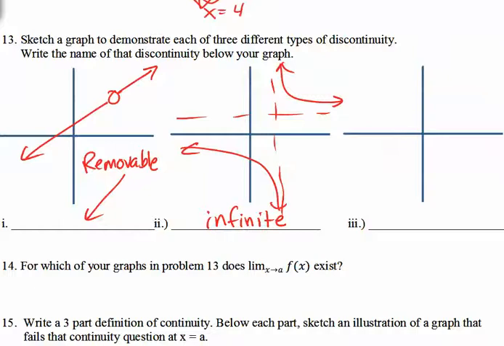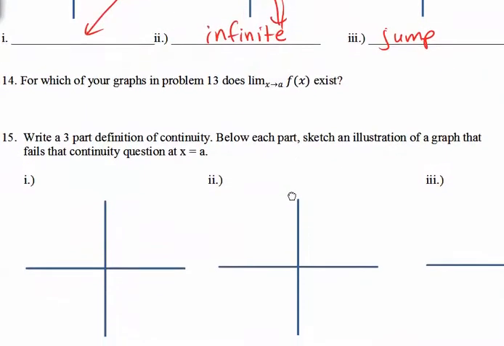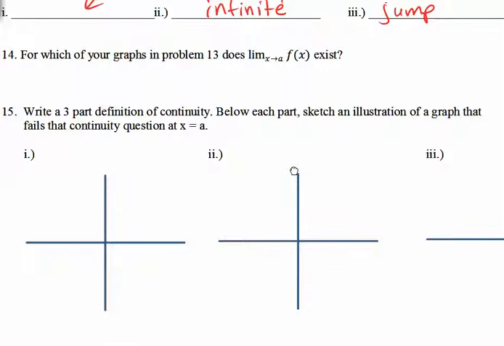And a jump discontinuity, probably our most common function. It didn't say we had to give the equation, but you certainly think of this with a jump discontinuity. So you could give any types there as long as you have the 3 different types of discontinuity.